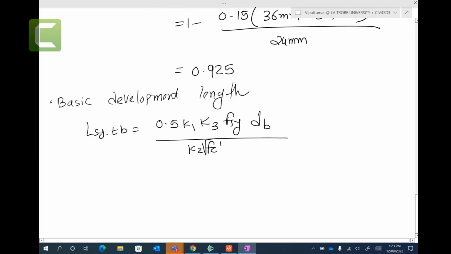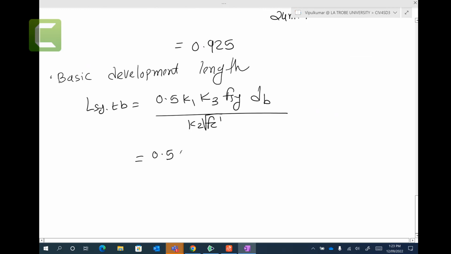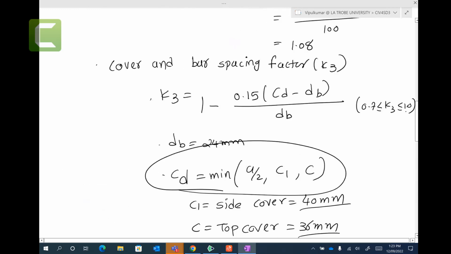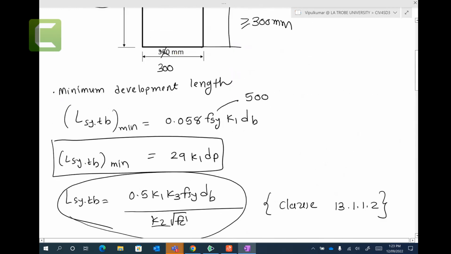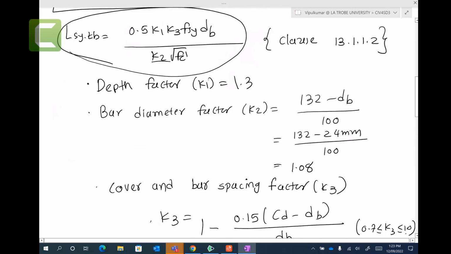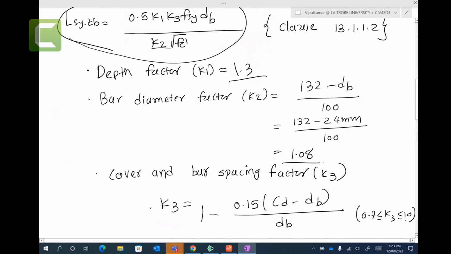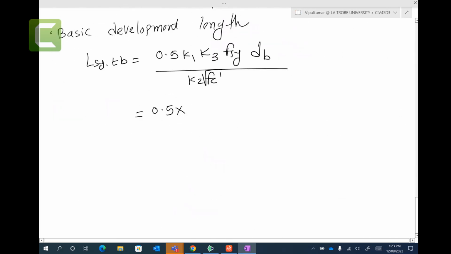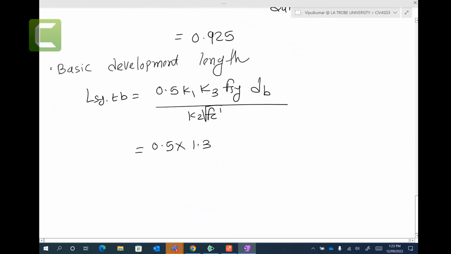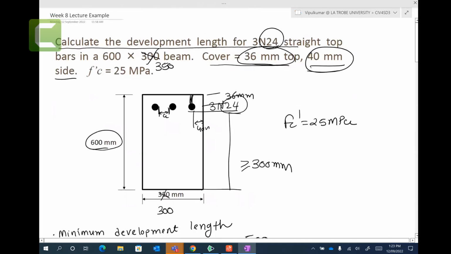So 0.5, K1 we calculated first was 1.3, and K2 is 1.02. Concrete compressive strength is 25. I can show it to you.